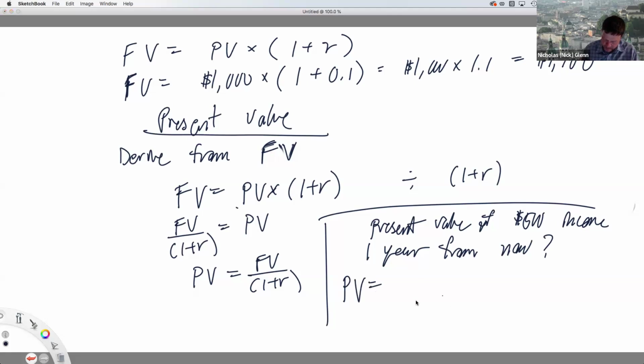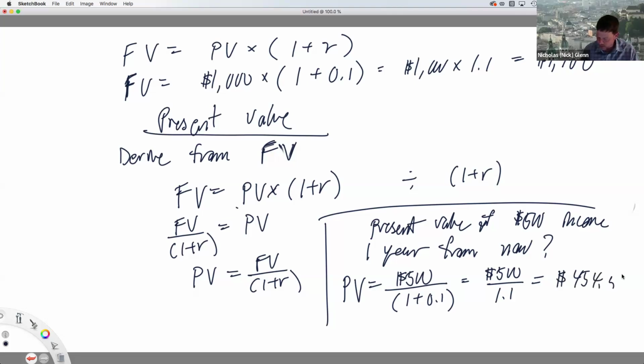So our present value equals, what's our future sum, our income that we're getting? It's going to be $500. And what will we divide this by? 1 plus 0.1. So that's just $500 divided by 1.1. Essentially $500 1 year from now is going to be worth $454.54.